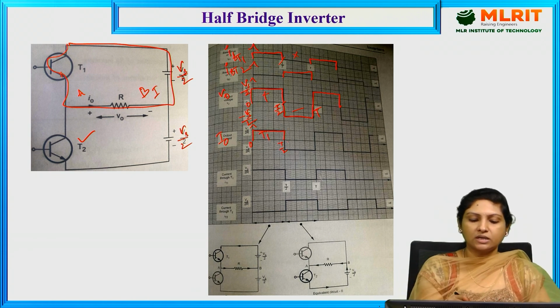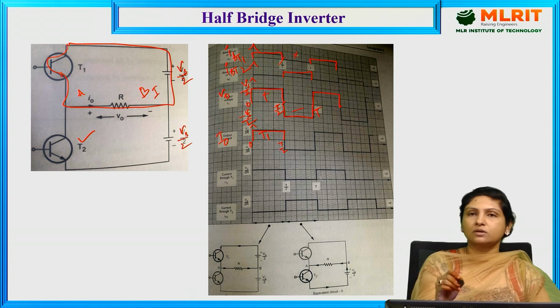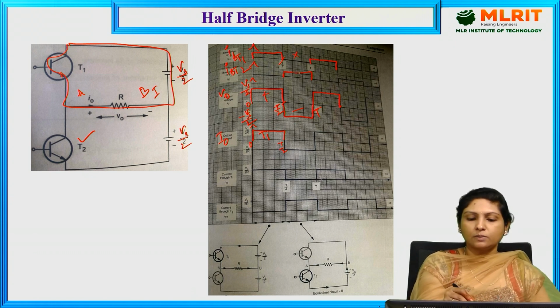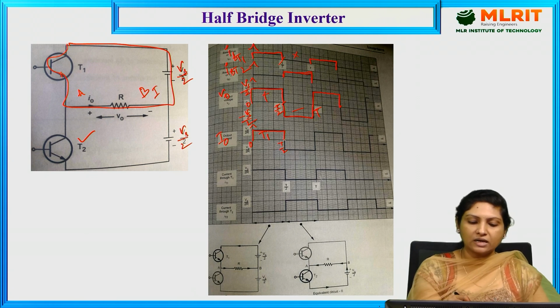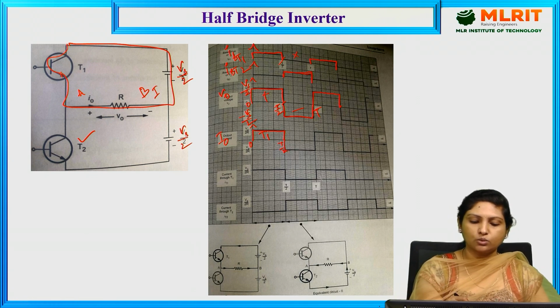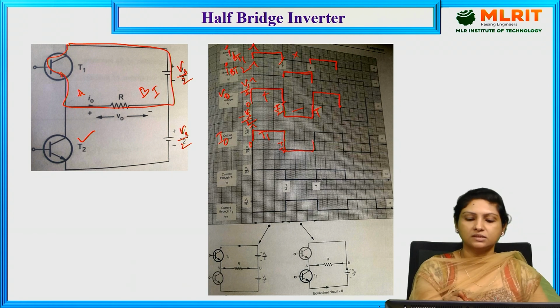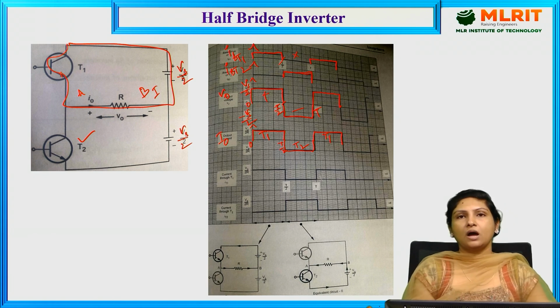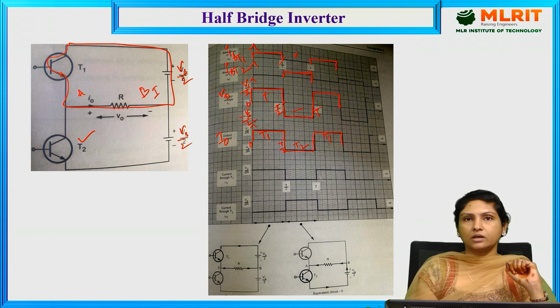The moment it reaches T by 2, we have withdrawn the base drive, so transistor 1 is turned off and we have provided the base drive for transistor 2, and that is how we are getting the output waveform from T by 2 to T, due to transistor 2. And again transistor 1 is turned on, and we are getting the output from this instant till here because of T1. And this is all about the output current waveform.